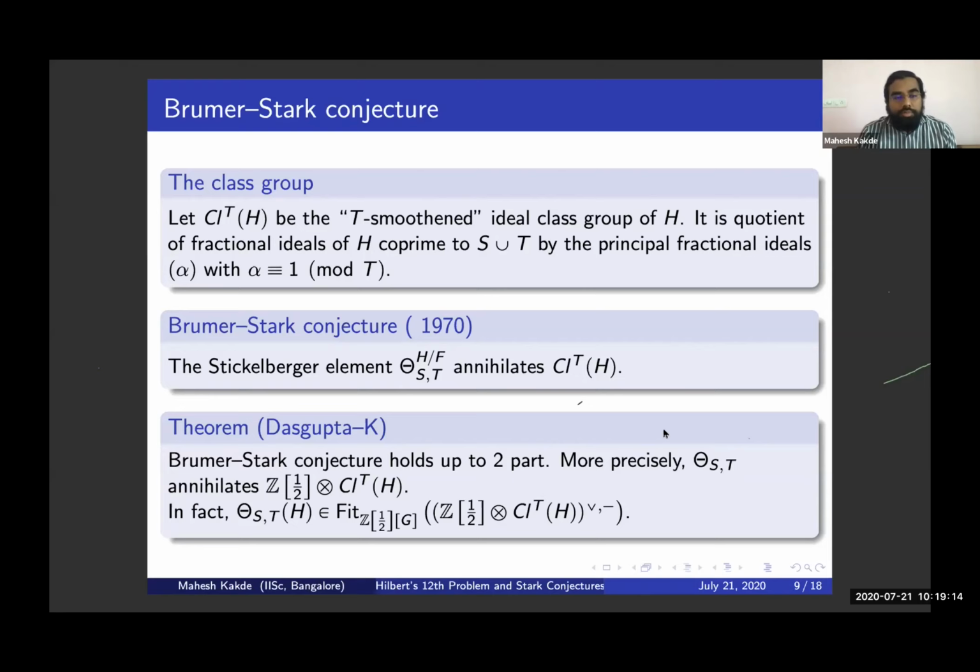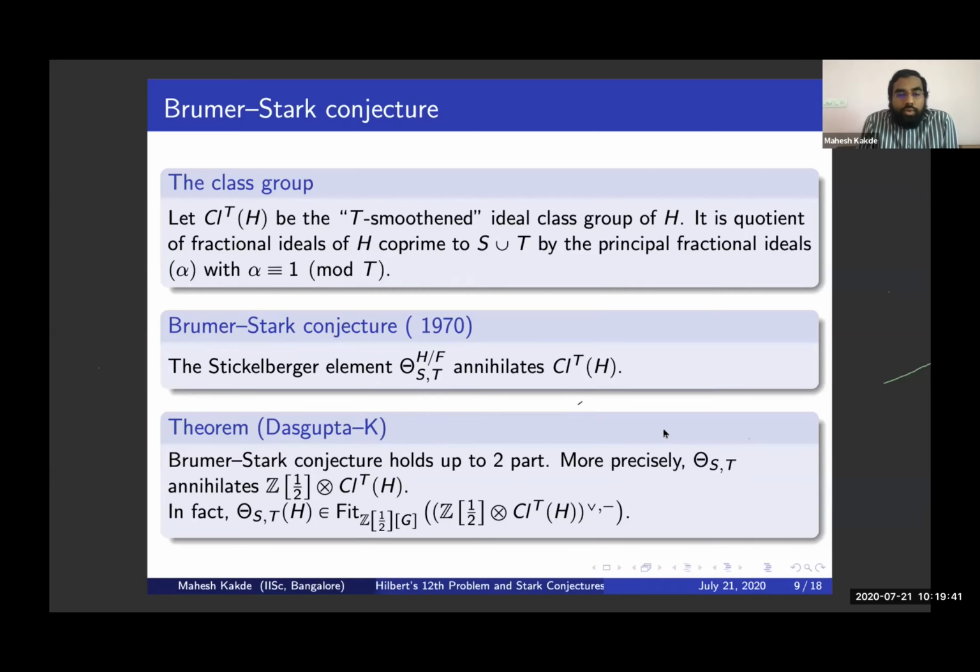Well, the arithmetic object that I have for stating this conjecture of Brumer and Stark is the class group. What kind of class group do I take? I don't take the usual class group. I take something slightly bigger, the T smoothened version of it. I have this set T on the analytic side, so I should have it also on the arithmetic side.